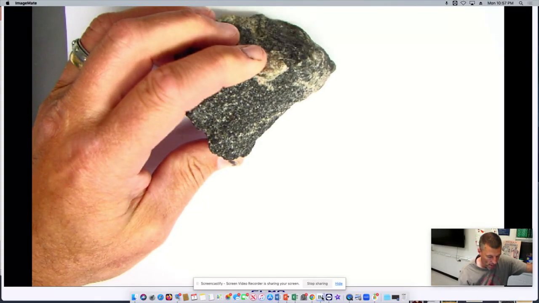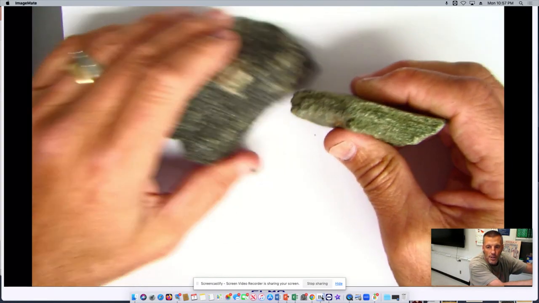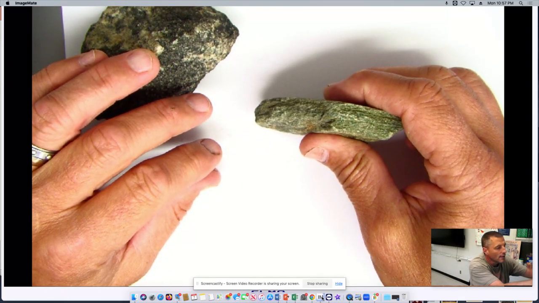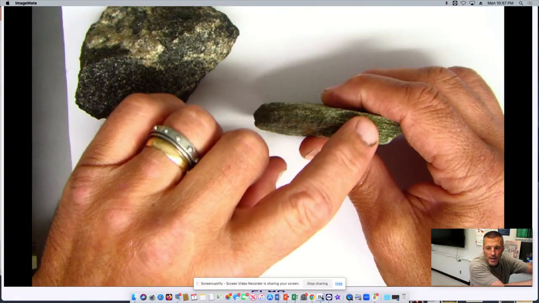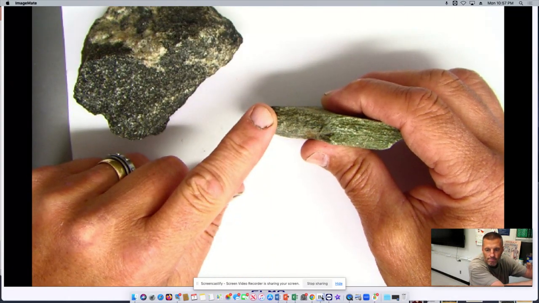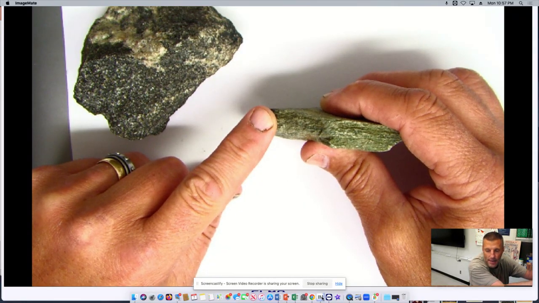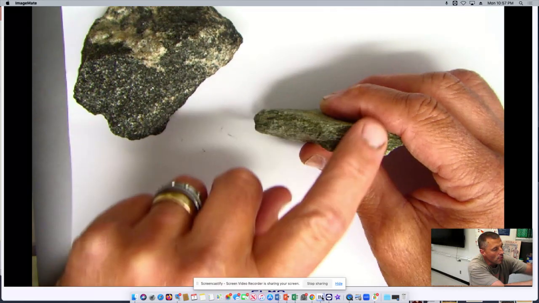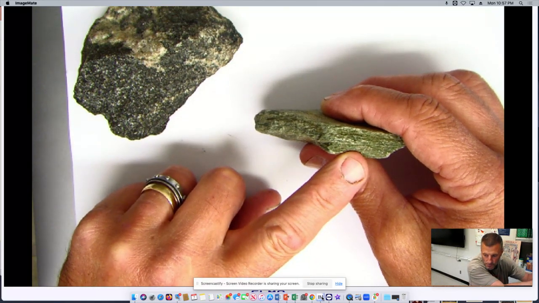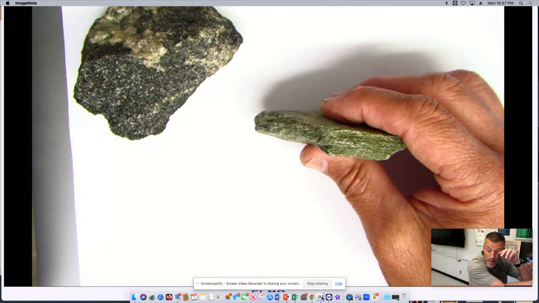So this one is called gneiss. This one is called schist. And if you look at the edge of it, hopefully you can see that. You can kind of see layers, and it looks a little like mica, like biotite or muscovite, if you remember those from the minerals, how they have layers like this. In fact, it has mica in it. That's why it's got those shiny grains.